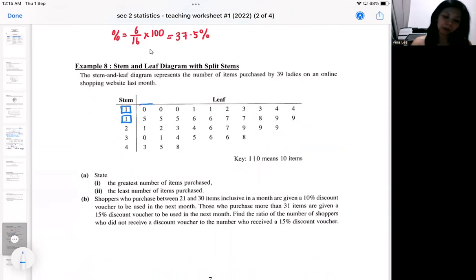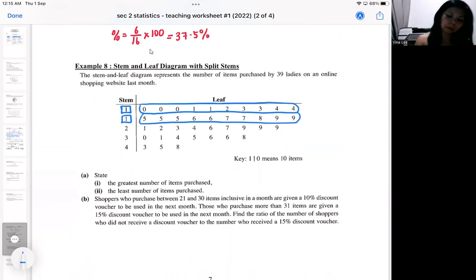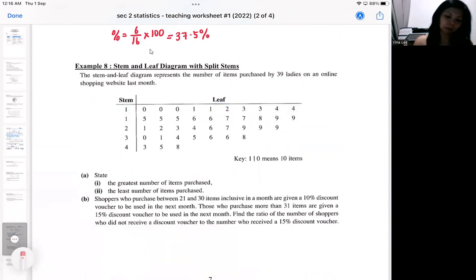The first part is before 15, so this is the lower half. And then this one is 15 and above, so this is the upper half. Sometimes the data is so much that we've got to split the stem. If we don't split the stem, it will end up looking like this. I can show you.